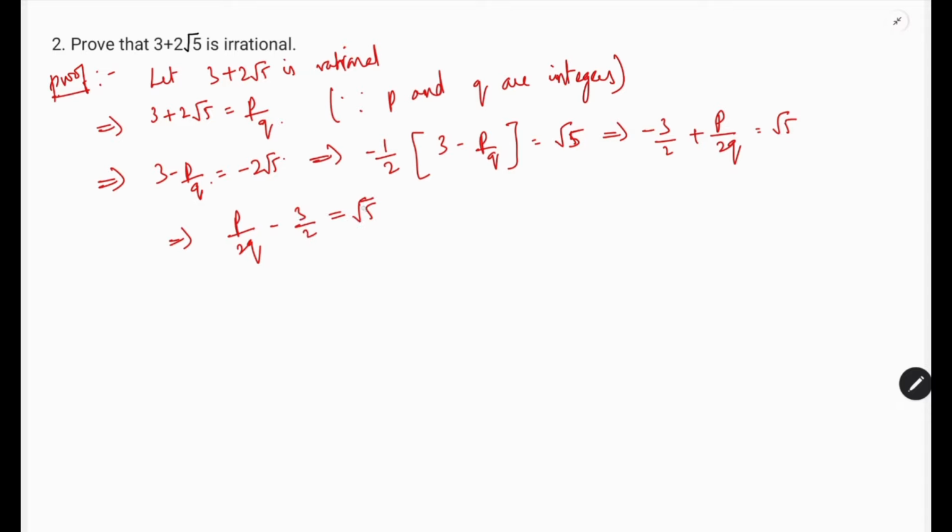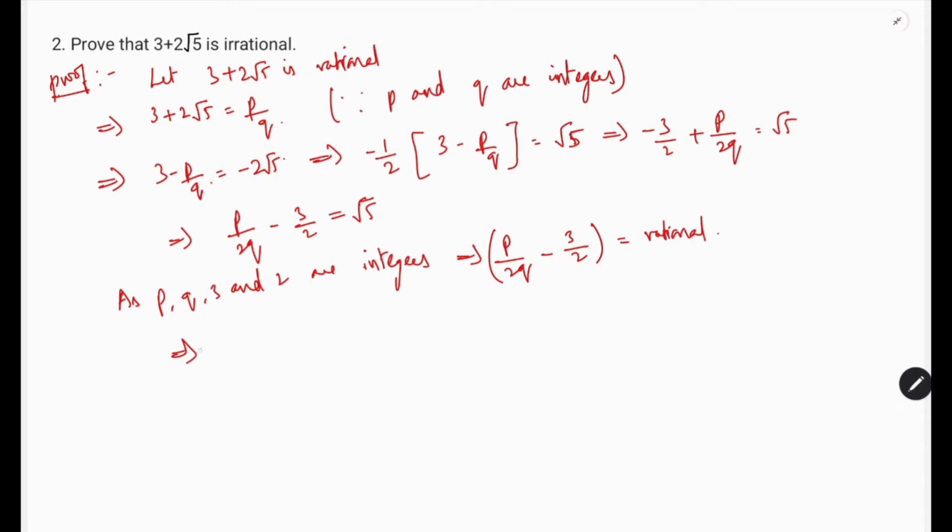Here p, q, 3 and 2 are integers, so p by 2q minus 3 by 2 is a rational number.